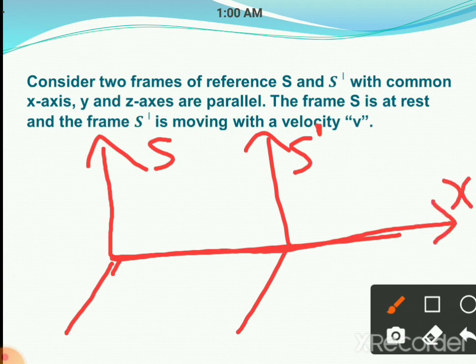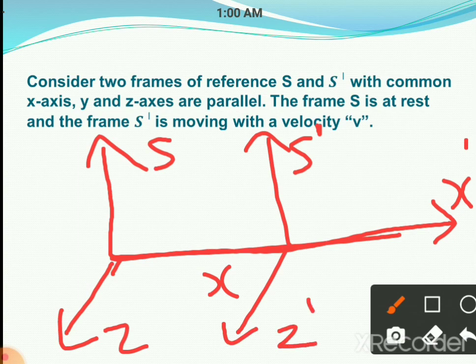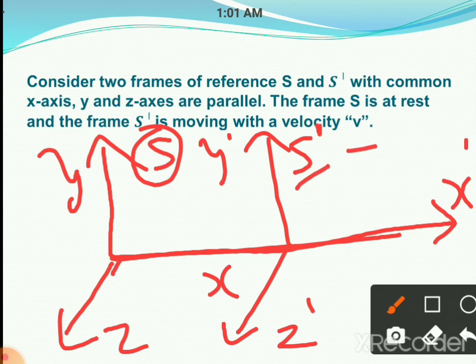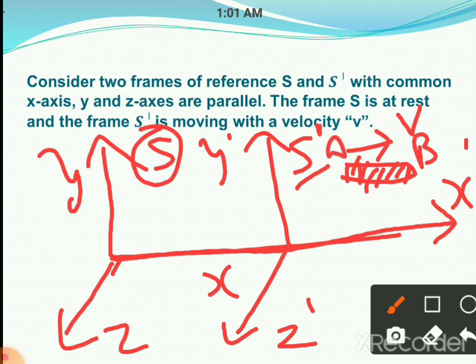This is x, x dash, and also this is z, z dash, y, y dash. The frame S is at rest and S dash is moving with the velocity v. So let us consider this is the rod, the rod of length A, B.